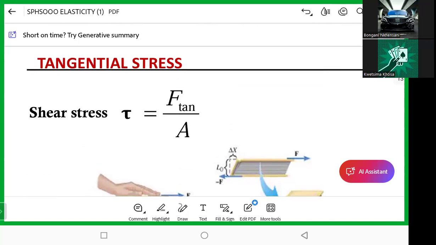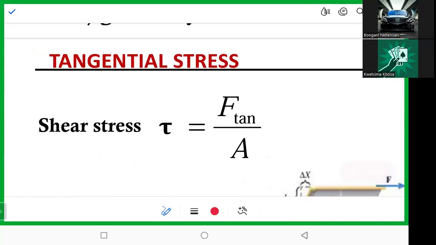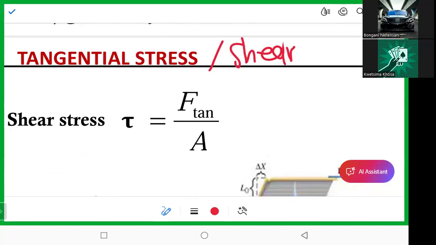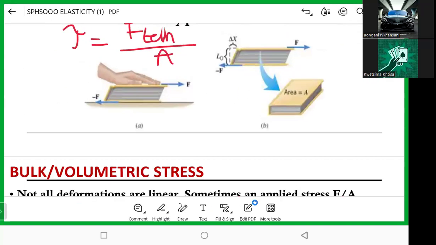So tangential stress has got two names. We call it either tangential or shear stress. That's another name for tangential stress. So it's equal to force tangential divided by area of our object.